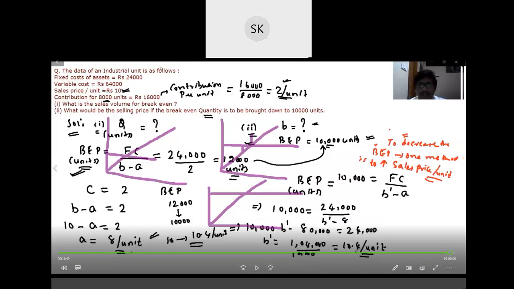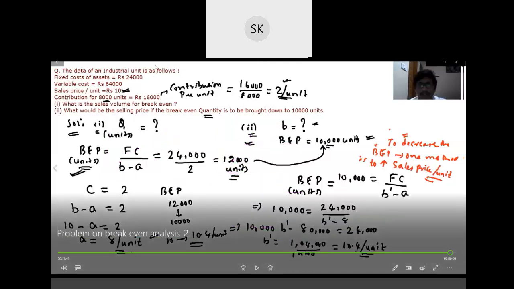For Q units, it is 10.5 into Q, equal to 50,000 plus variable cost 6.5 into Q plus the profit which we must get, 10,000. So 10.5 Q minus 6.5 Q comes around 4 Q.